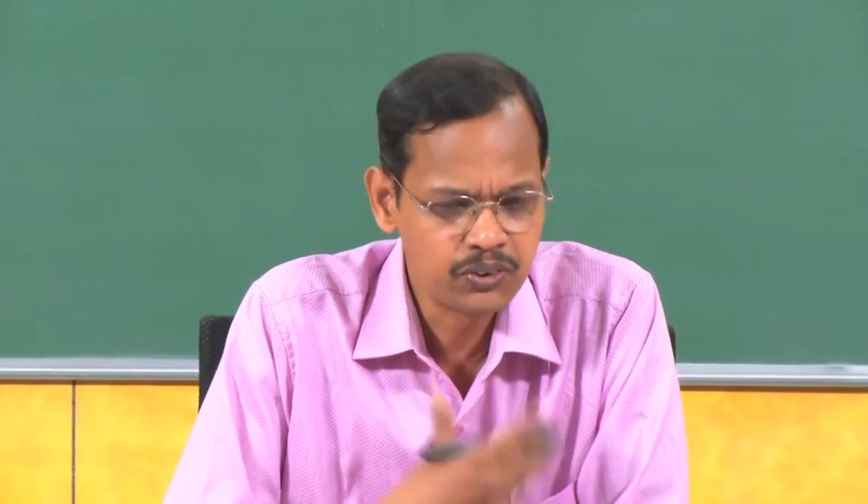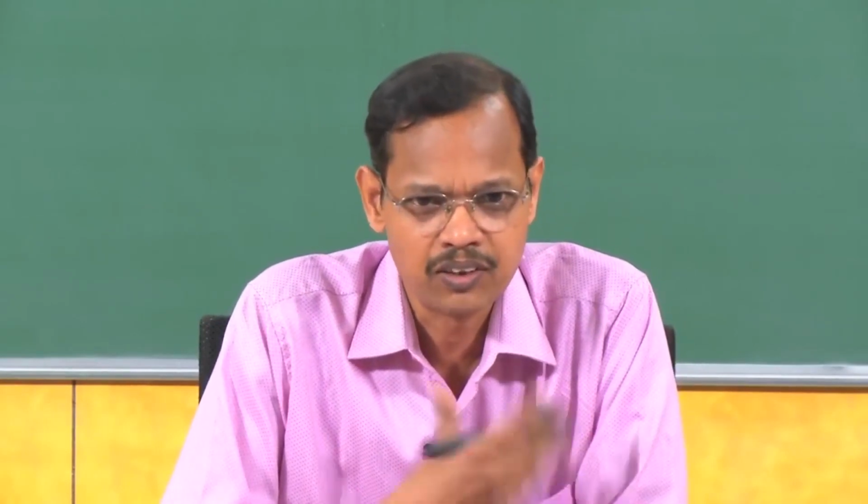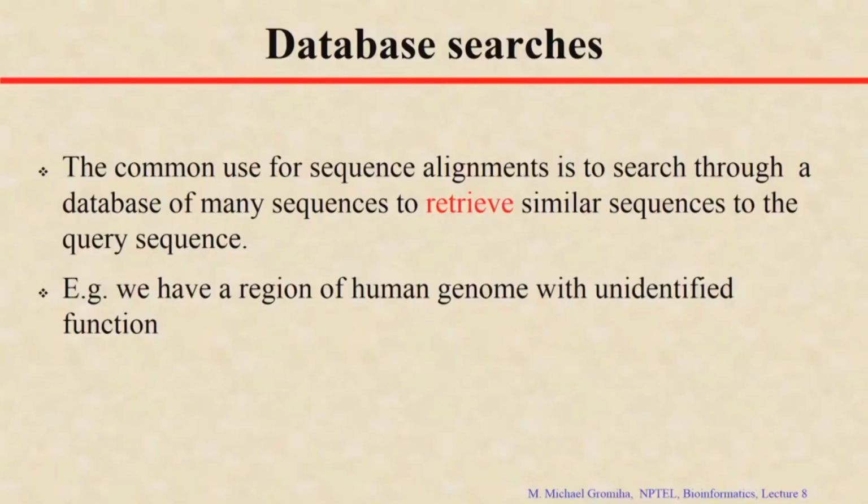Now, in this lecture we will see how to use these alignments, and what software tools are available in the literature which are commonly used for aligning sequences or identifying matches for any query sequence. So, why do we need this? What is the use of sequence alignment?